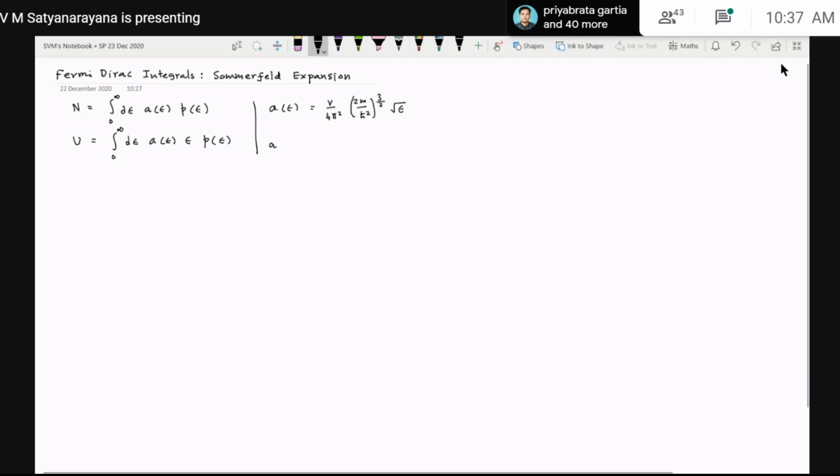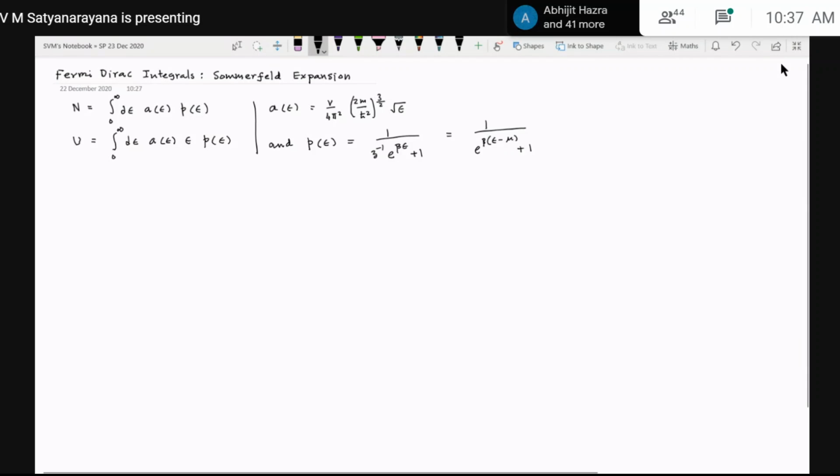And your P of epsilon is given by 1 by Z inverse e to the power beta epsilon plus 1, or I can write this as 1 by e to the power beta epsilon minus mu plus 1. So this is your Fermi Dirac occupation, the average occupancy or the probability of occupation of this energy level E.